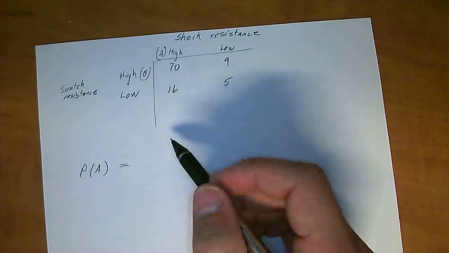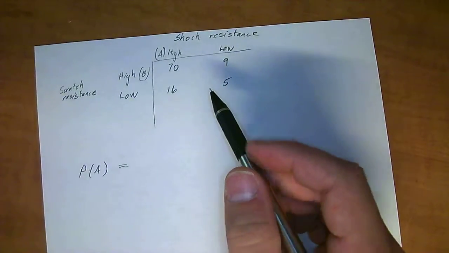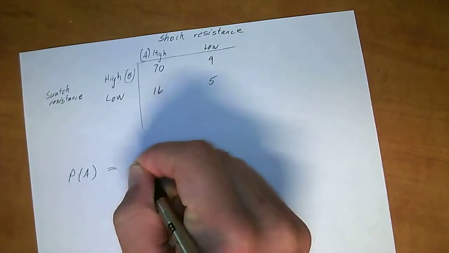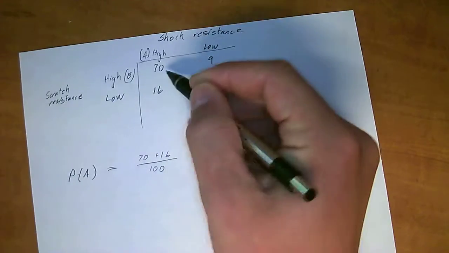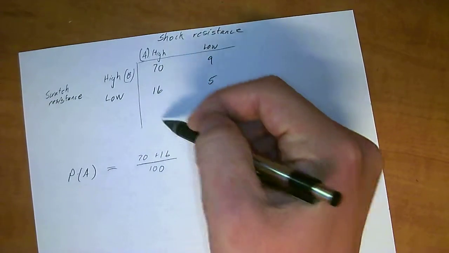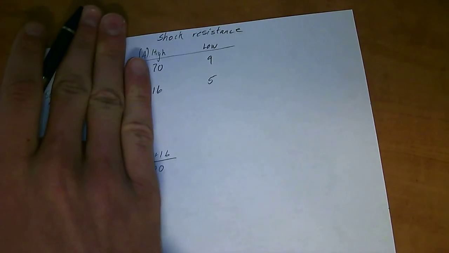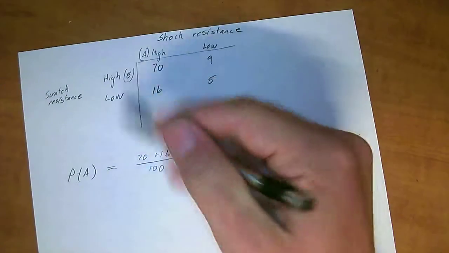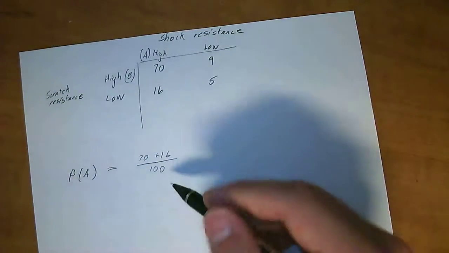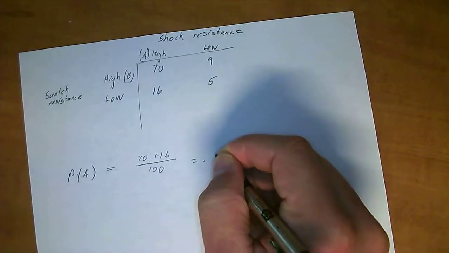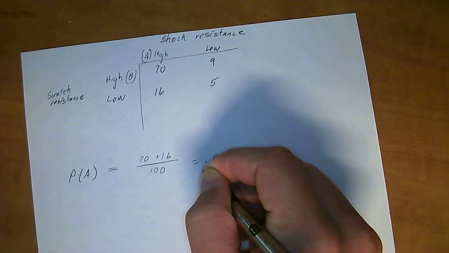In this case, having a high shock resistance is equal to 70 plus 16 out of 100, because high shock resistance is this entire column right here. They all have high shock resistance, and you can ignore scratch resistance for this point. There's 100 total, so you add them up, and then divide, and this will give you 0.86. So that's your probability of A.